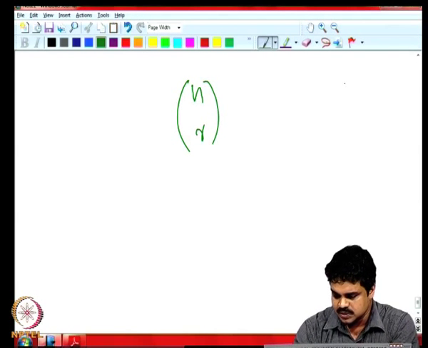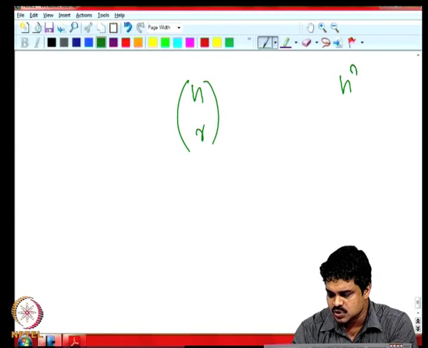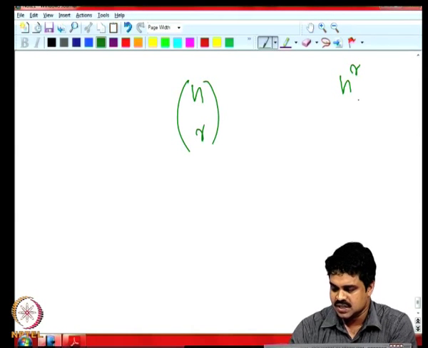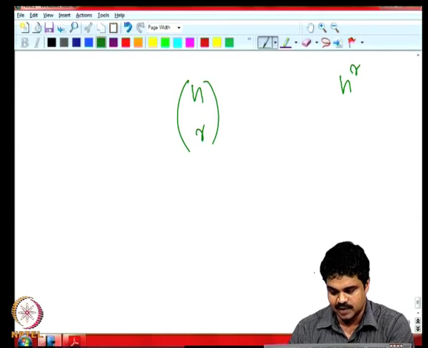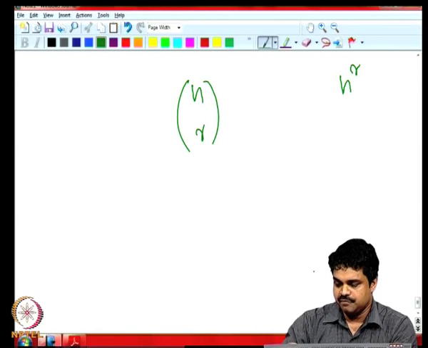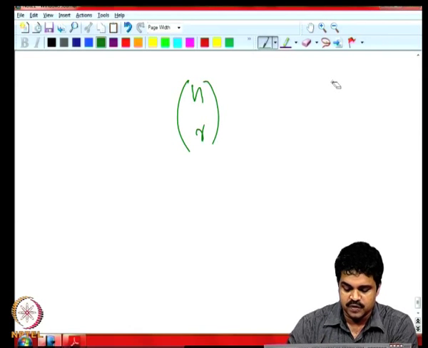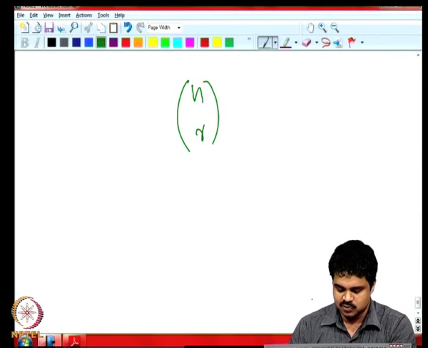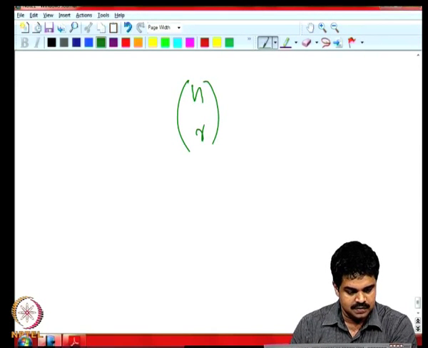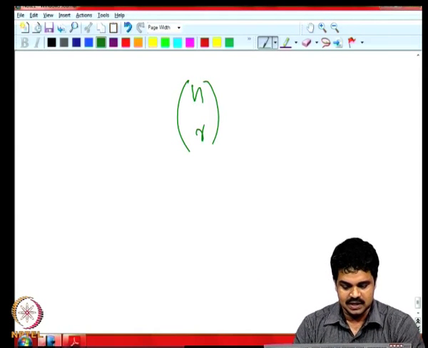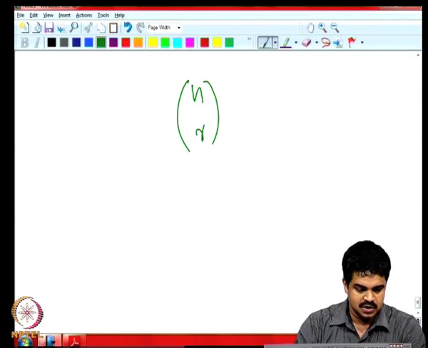Here, especially, we want to compare with n raised to R kind of forms, or something raised to the R, which seems to be more familiar. One can argue why it is more familiar. If I always work with n choose R, will I get more familiar with it? Probably, but intuitively the n raised to R kind of forms look more familiar.